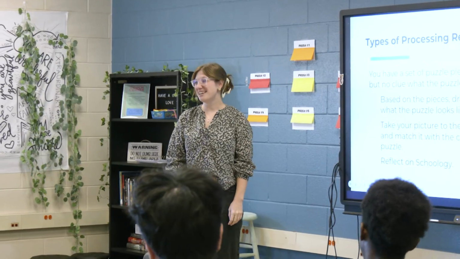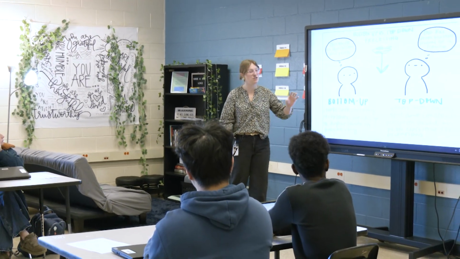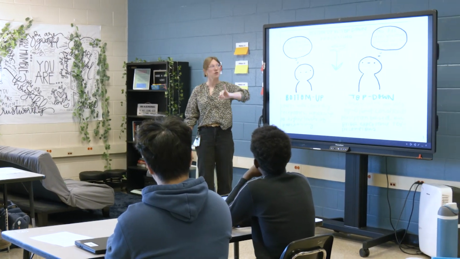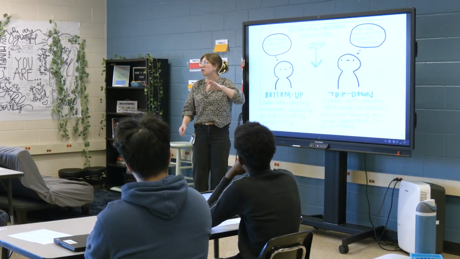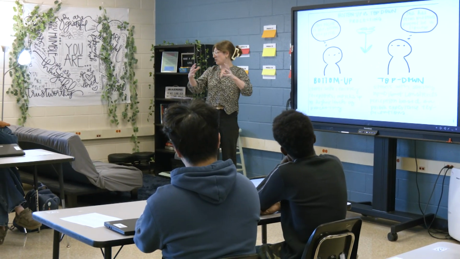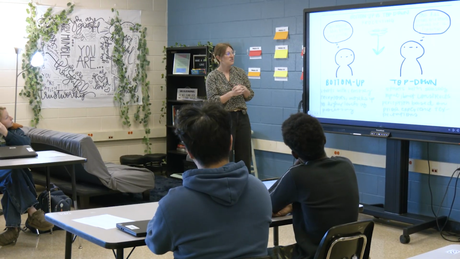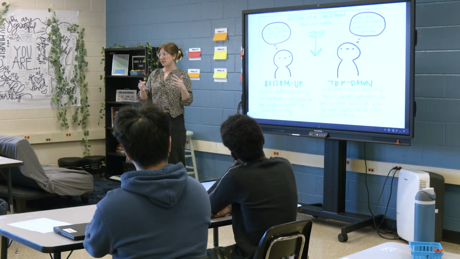So what you guys noticed is that you had to, let me go back to your flower, you had to look at each individual piece and you were noticing things like colors. Like the flower example, he notices blue, green, and yellow. You were noticing the textures and the lines that you could eventually turn into a larger picture. That was bottom-up processing. You start with small bits of information, you build an understanding from there.